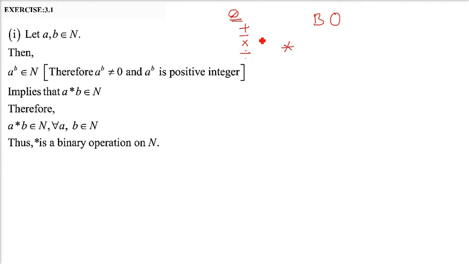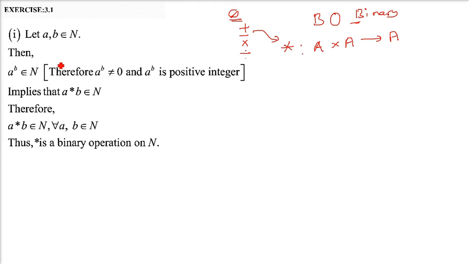We have taken all these symbols, plus, minus, into, divide, and just used a single symbol. The binary operation is all about the star, such that the two values are taken from the set, and the result also belongs to the same set. So this is the binary operation. The basic idea is that the two values which are operating should give you the result in the same set.